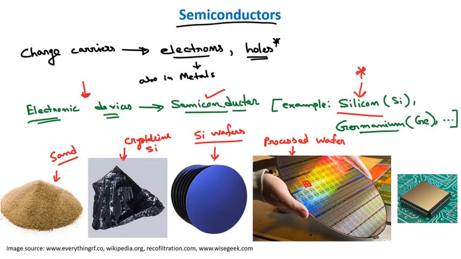Then you dice this, you cut it into smaller pieces, and we package it. At that time this device is ready to be used in any electronic circuit. So as you have seen, starting from sand to the packaged device, this is how the process flow goes. Let us see if you have any questions.